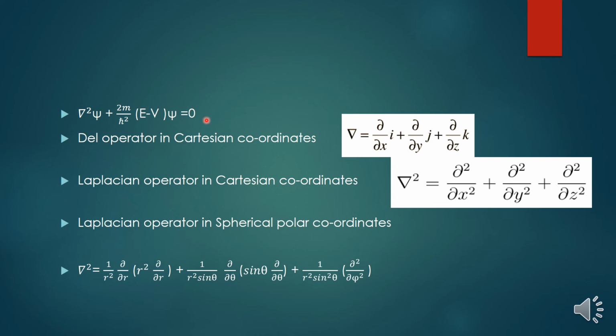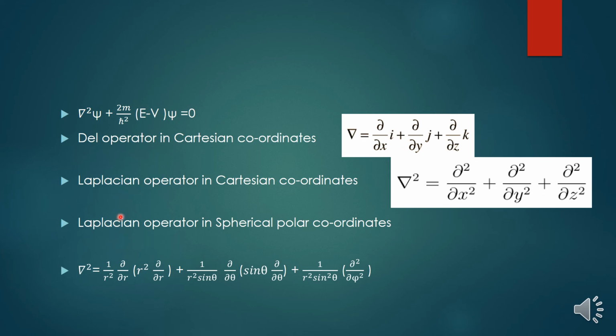This is Schrodinger's time independent equation in 3 dimensions, where the del operator is a vector operator written as del by del x i cap plus del by del y j cap plus del by del z k cap, where i cap, j cap and k cap are the unit vectors along the x, y and z axes respectively. Please remember that though the caps are not shown above the vectors i, j, k, these are unit vectors.